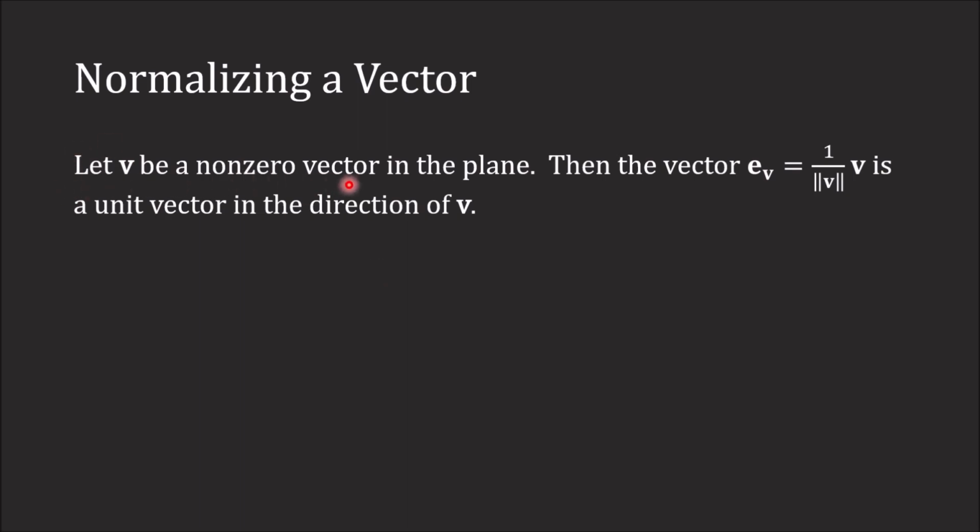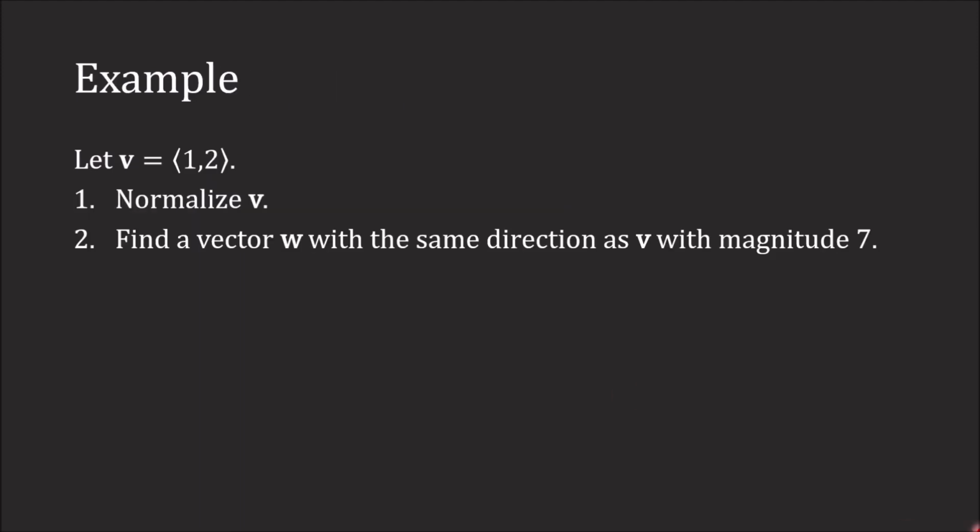So let v be a non-zero vector in the plane, then the vector e sub v equals 1 over magnitude of v times v is a unit vector in the direction of v. So we have a vector 1, 2. We want to normalize it. Then we also wish to find a vector w with the same direction as v with magnitude 7.